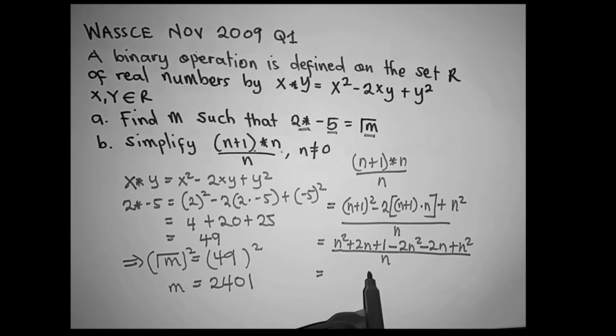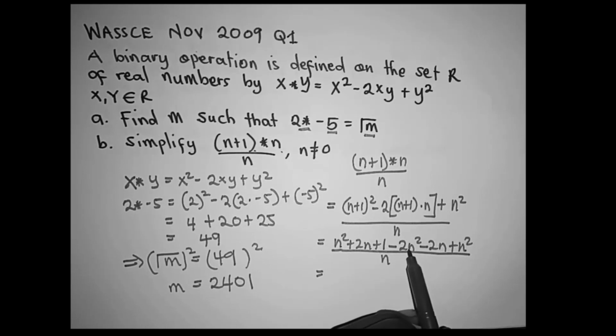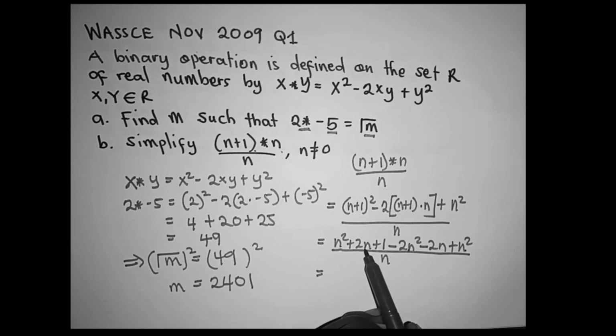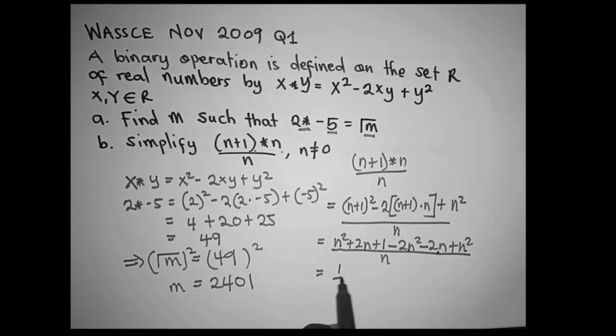This is equal to, see that n squared plus n squared is 2n squared, minus 2n squared will give us 0. So we are left with 2n minus 2n. That will also give us 0. So the final answer is left with 1 over n. But n is not equal to 0.